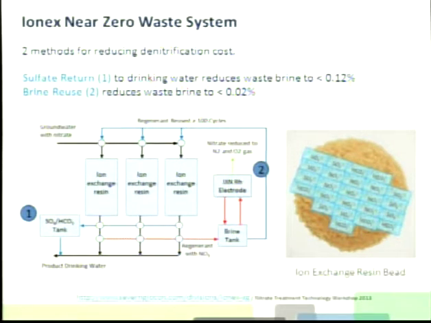Uniquely to us, then, as was said earlier, to actually displace the more difficult to shift nitrate from the kernel of the resin bead, you have to hit it with a much more concentrated chloride solution to break the bond.